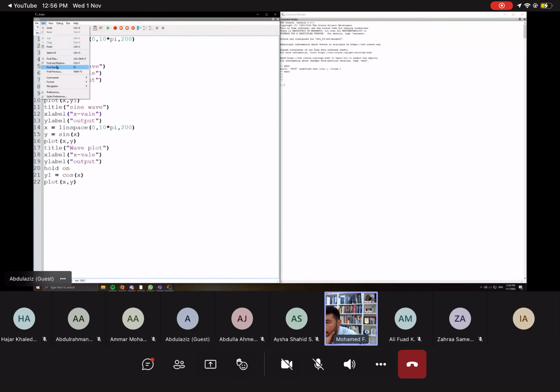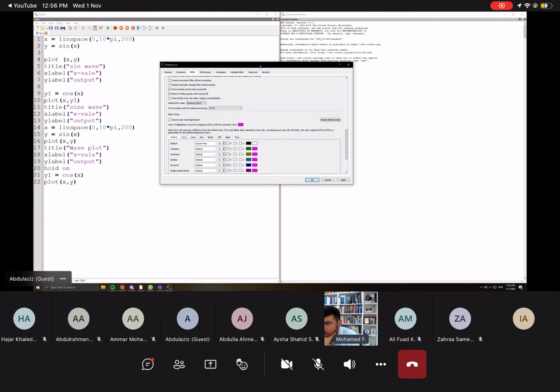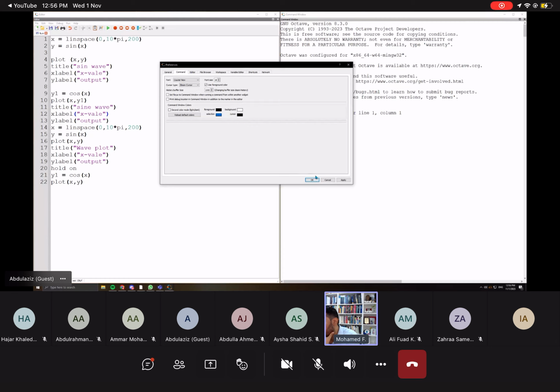Go to Preferences, the last one, and go to General. Then Command, the second one. Increase the number 8 at the top to be 18, for example. Yes, okay.